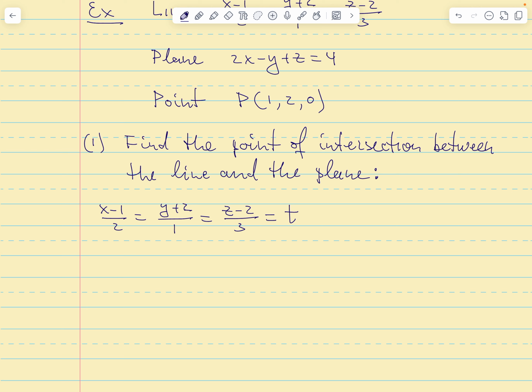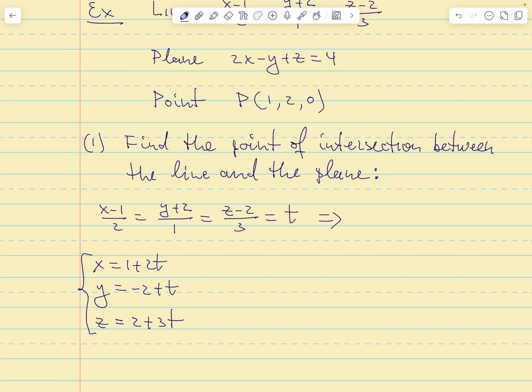So if you do that, then x will end up being 1 plus 2t, y will end up being minus 2 plus t, and solving the equation for z, the last equation here, z is 2 plus 3t.